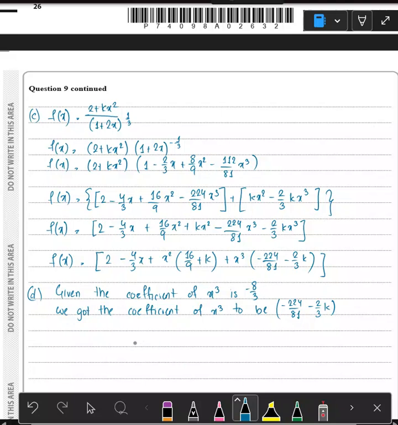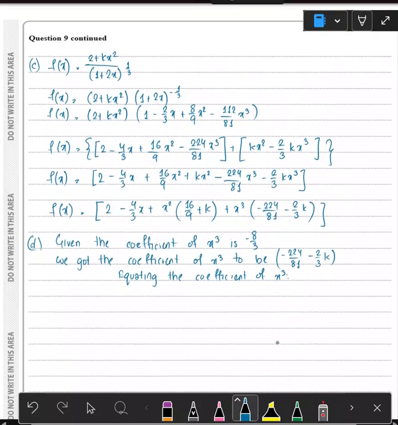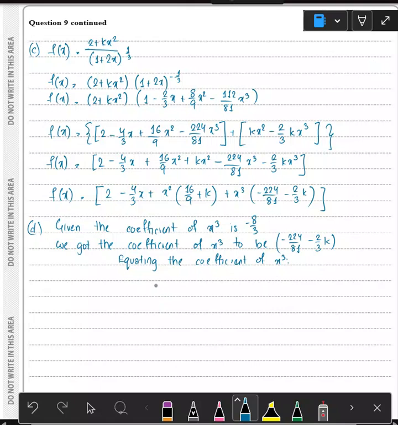So we can equate this because this would be the same, right? So equating the coefficients of x cubed, this would be negative 224 by 81 minus 2 by 3k is equivalent to negative 8 by 3, right?